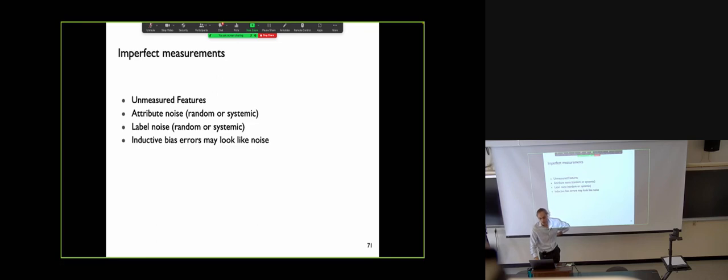There's also, of course, the fact that these measurements are imperfect and have a lot of noise, and this can come from many sources. For example, measurement noise: somebody didn't write the data properly in the database. There could be labeling noise: the human who annotates the data set makes mistakes.